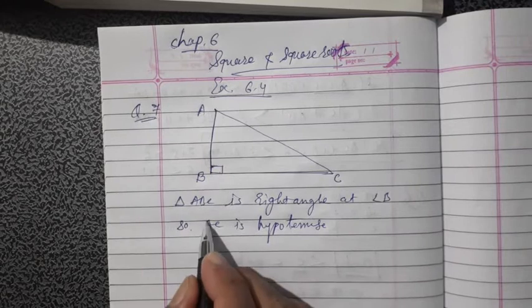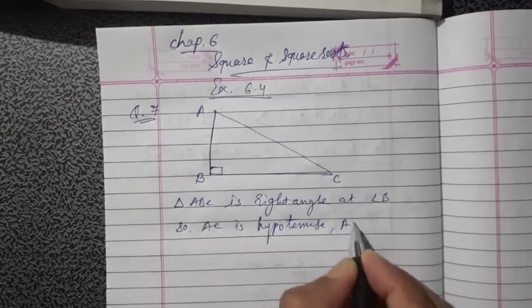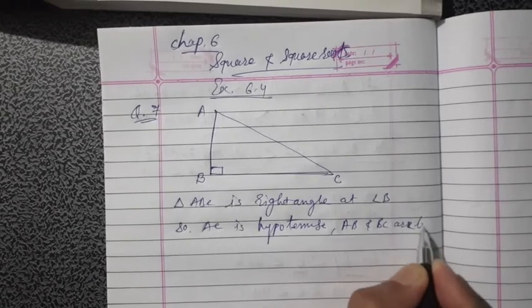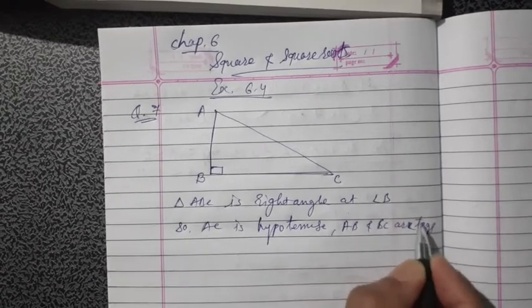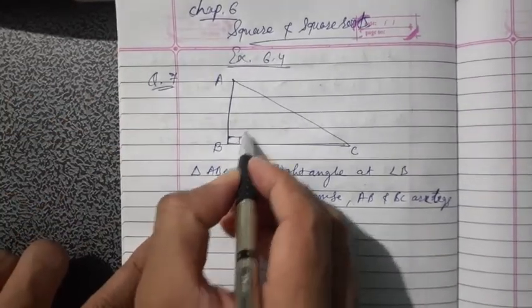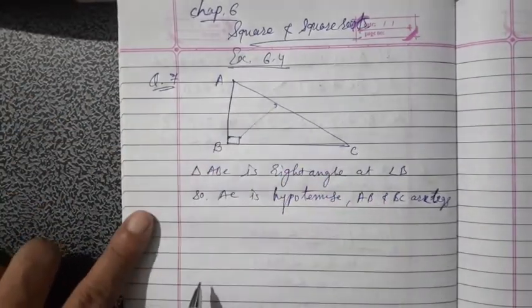AC is the hypotenuse, and AB and BC are called legs. The opposite side of B, AC, is the hypotenuse.